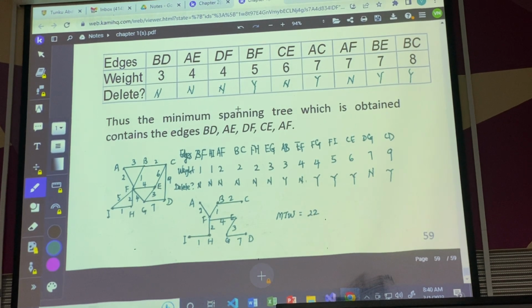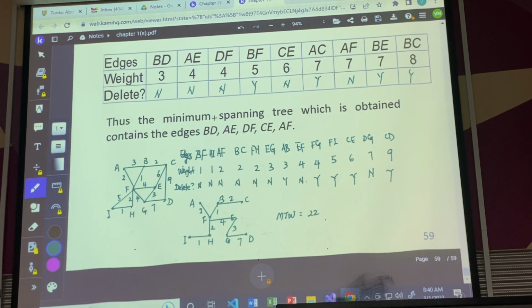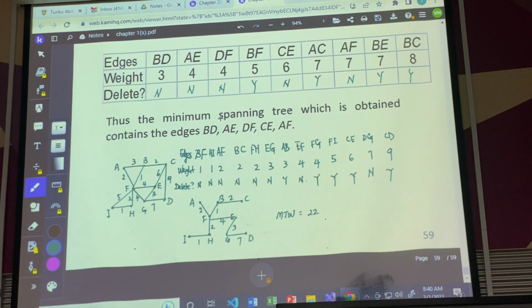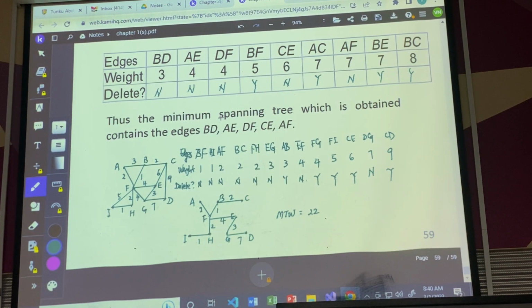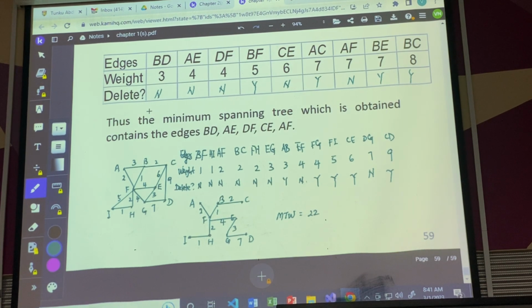And after that, to get the spanning tree using the depth first search and breadth first search, you also know the method already. And followed by the algorithm to find the minimum spanning tree, which you have 2: Prim's algorithm, whether with weight or no weight, and for Kruskal algorithm, we only have the graph with weight. So those are the contents that you need to know for chapter 1.